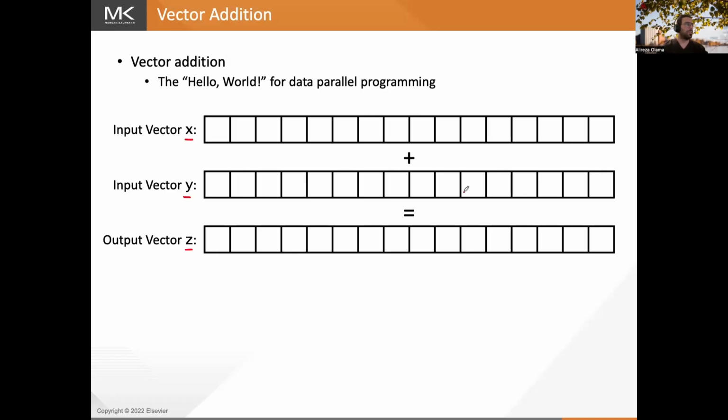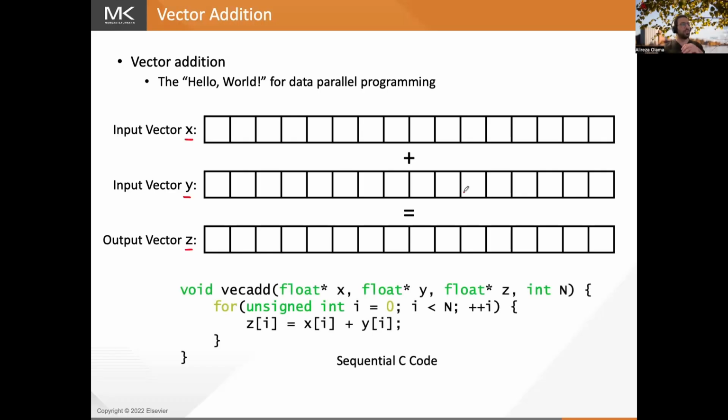When it comes to the CPU, it's quite simple. We can write a vecAdd function. We pass in pointers to float, just to represent arrays of floats: X, Y, and Z, and we specify the number of elements, n.